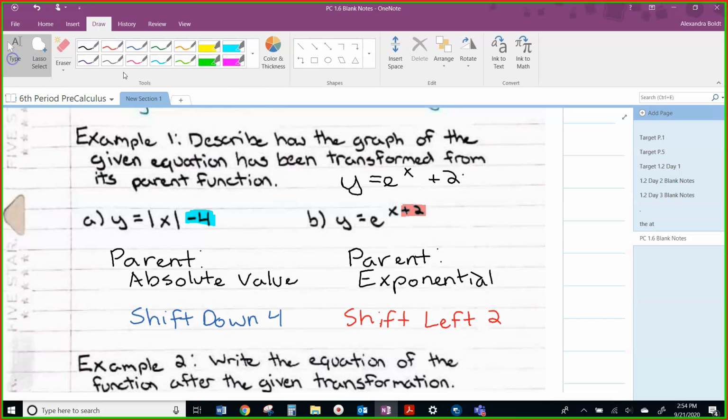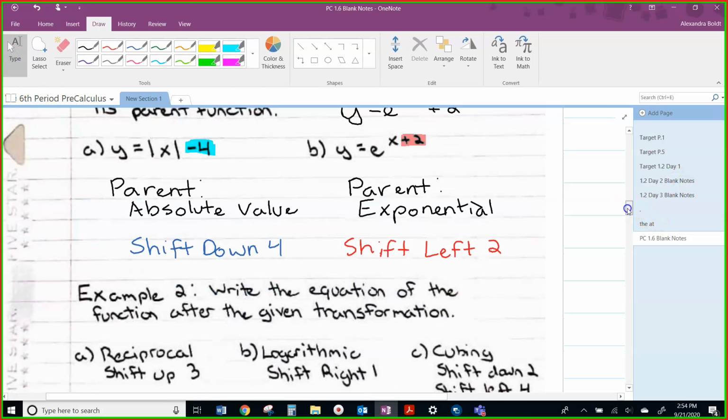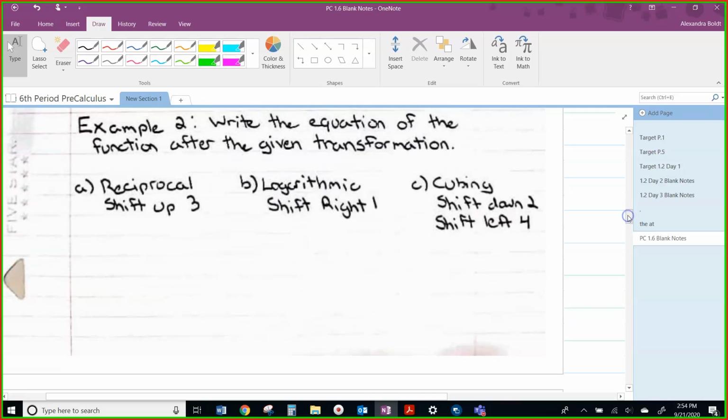Let's look at our example 2. Write the equation of the function after the given transformation. A: reciprocal, shift up 3. So this is our parent function, reciprocal.